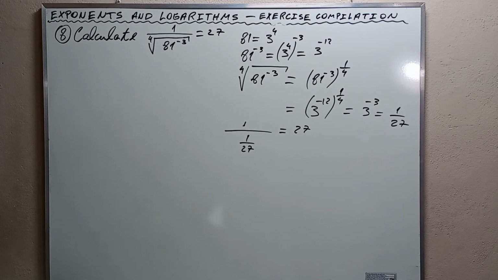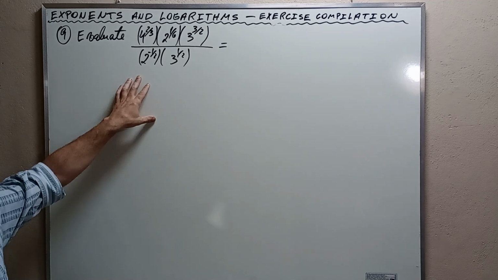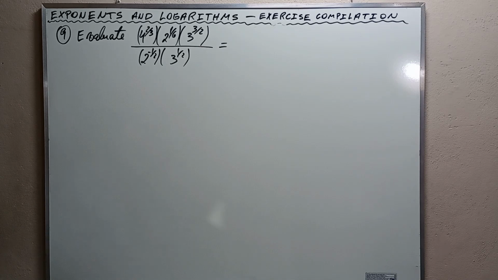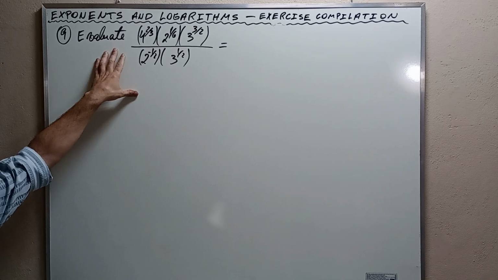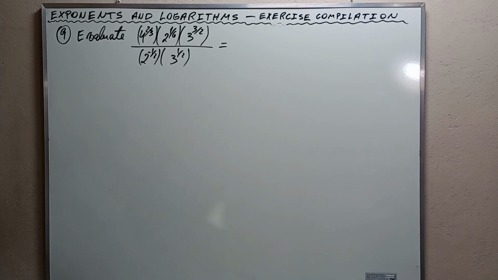Let's go to exercise 9. Exercise number 9 now. Evaluate this, and the strategy that we are going to use to solve this exercise is to work on the 2's and the 3 separately.